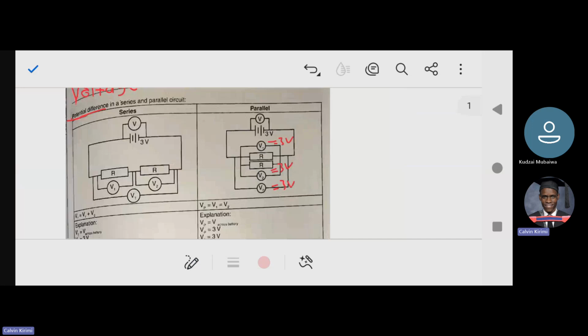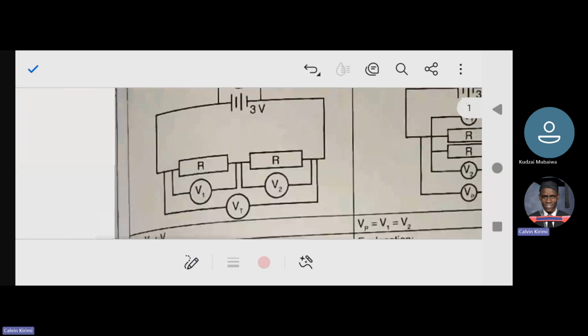What about here? What is the reading at V1? We said V total is equal to 3. What about V2 is equal to 1? And V1 is equal to 1. V2 is equal to 2 volts, and then V1 is equal to 1 volt.